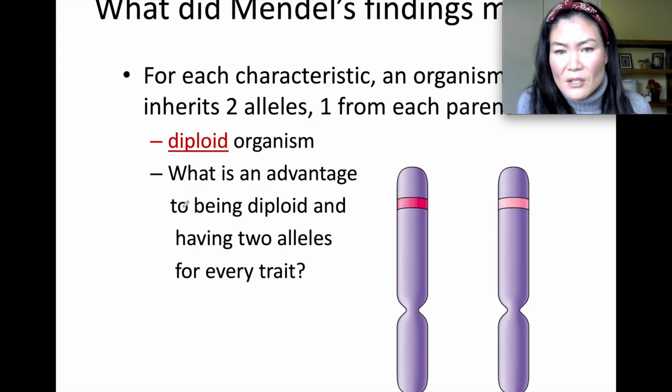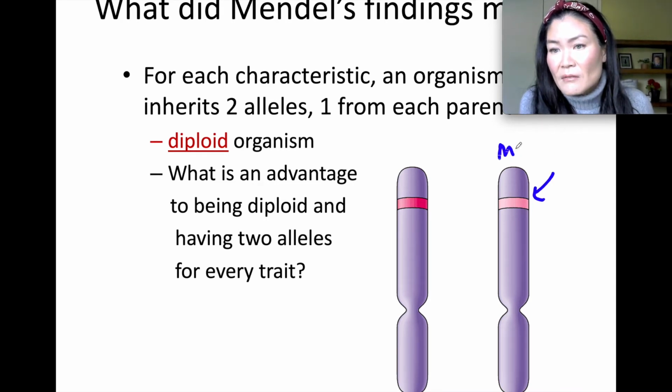What is an advantage of being diploid, having 2 alleles for every trait? So instead of having just 1 gene for a trait, you're going to have 2. Let's say for whatever reason, this individual has inherited some kind of mutation, okay, a mutation that is going to lead to a disorder. And then they've also inherited a normal version of a gene.